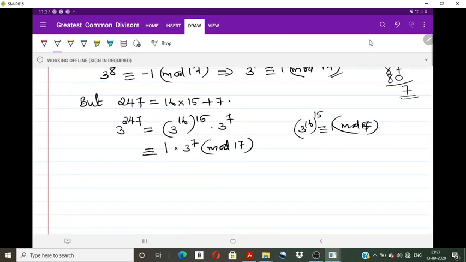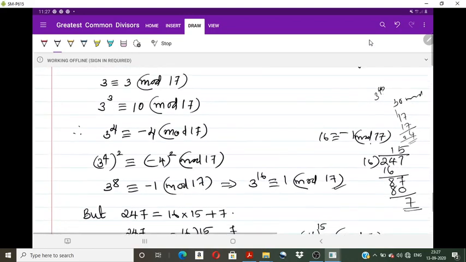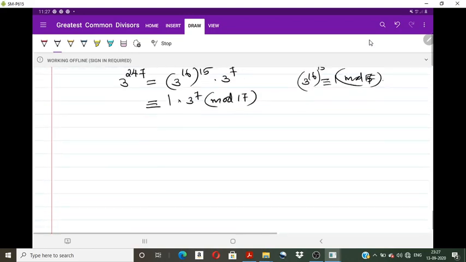So 3 raised to 7 modulo 17. Actually we have 3 raised to 4 is congruent to minus 4.